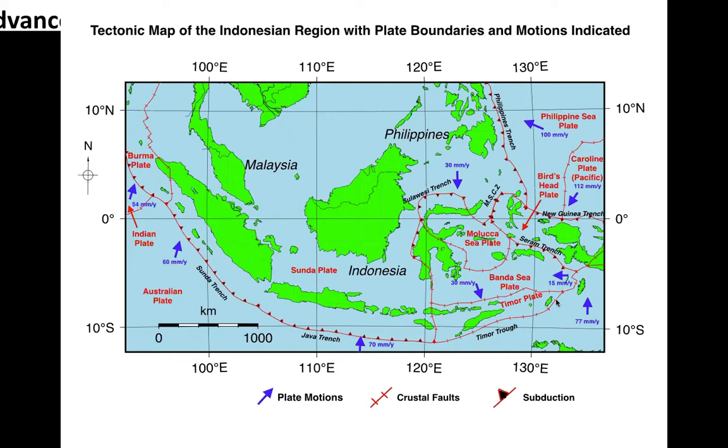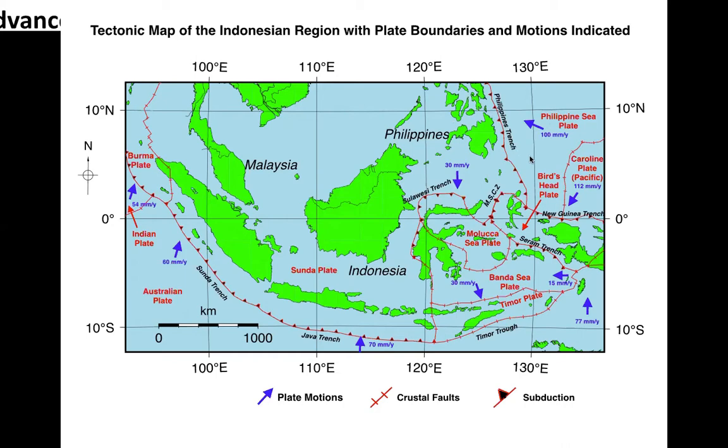Interactions among these microplates are complex and involve subduction, such as that in the Sulawesi Trench, and collision, such as between the Van Ark and Australia here in the south and the Timor Trough, and within the Molucca Sea collision zone here. In the northeast, convergence is primarily between the Sunda Plate and the Philippine Sea Plate, where the Philippine Sea Plate subducts beneath the Sunda Plate at around 100 millimeters per year.